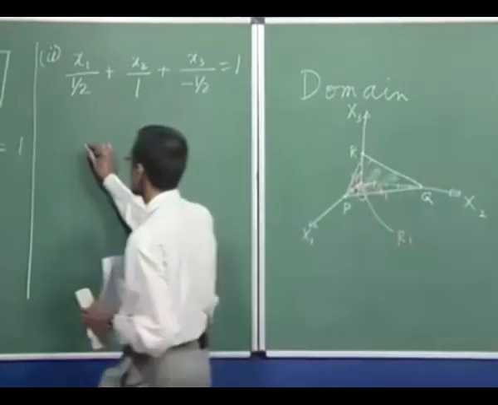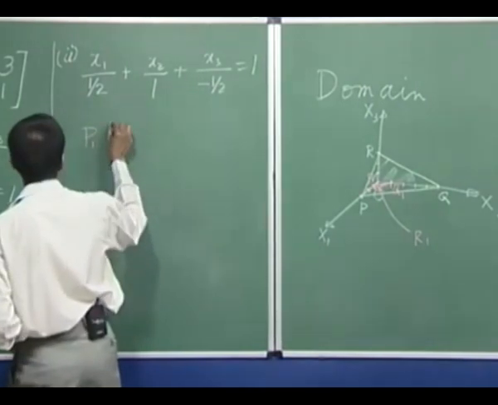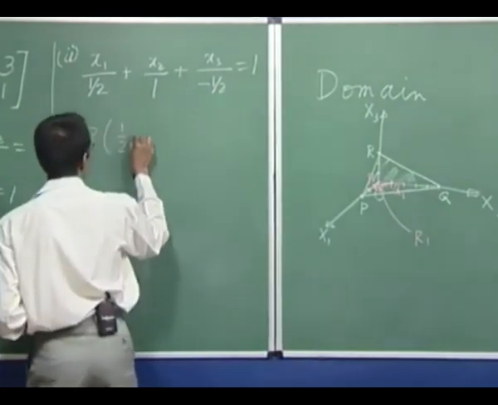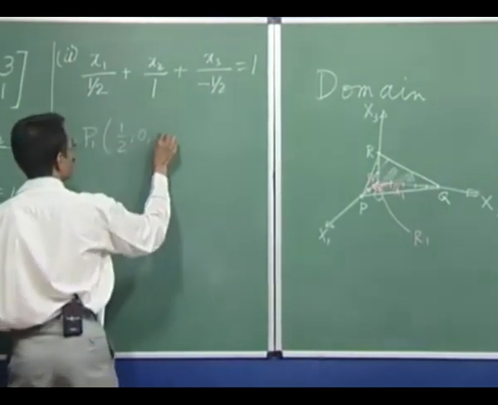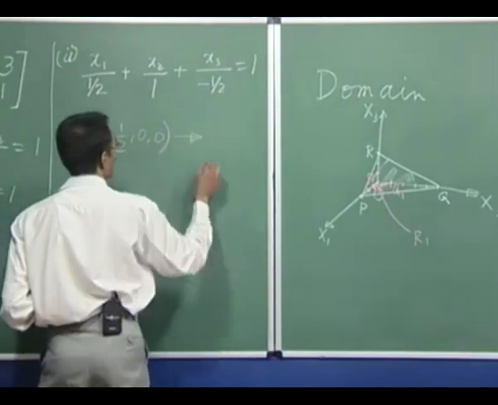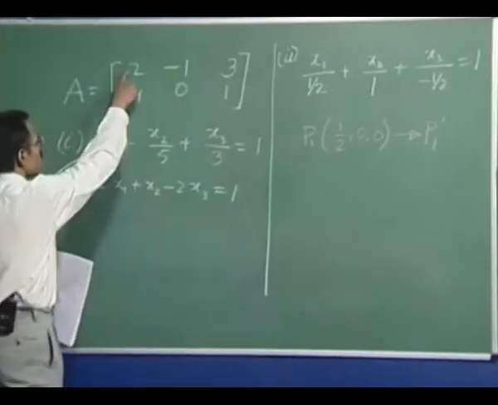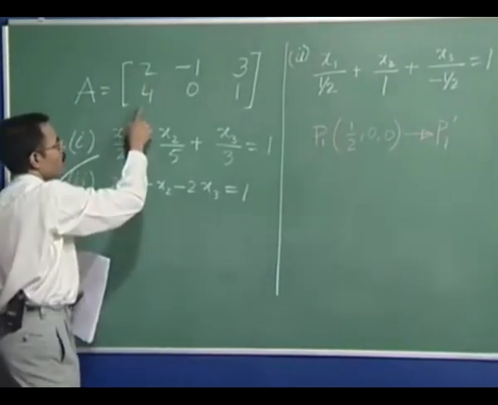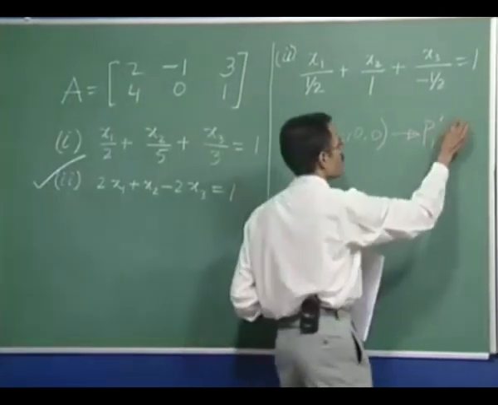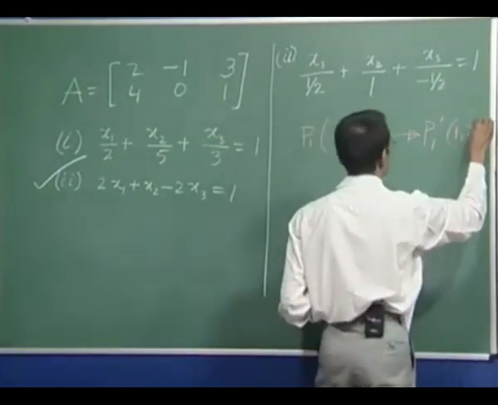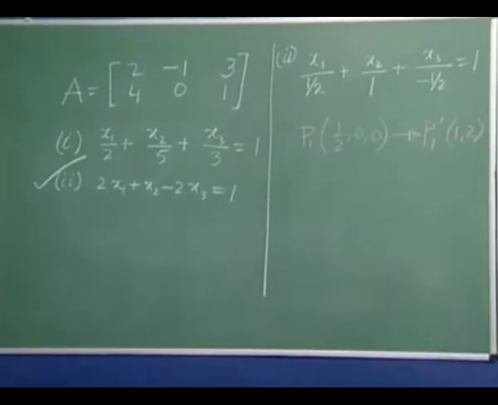So, P1, half 0 0, will map to a point P1 prime, which will be basically half of this column, that is 1 2. So, we map it here, 1 2. This is P1 prime in the y plane.